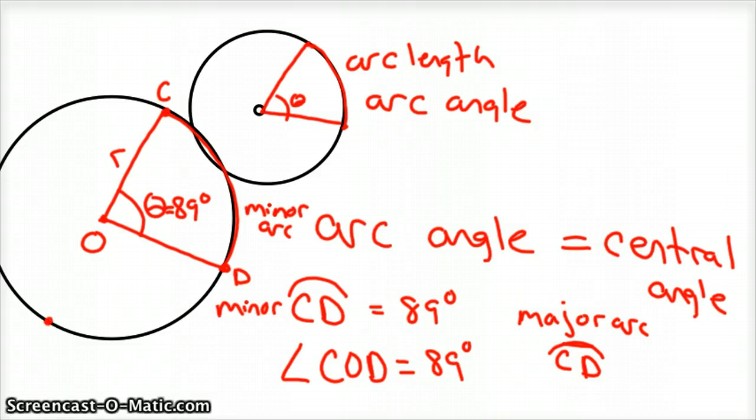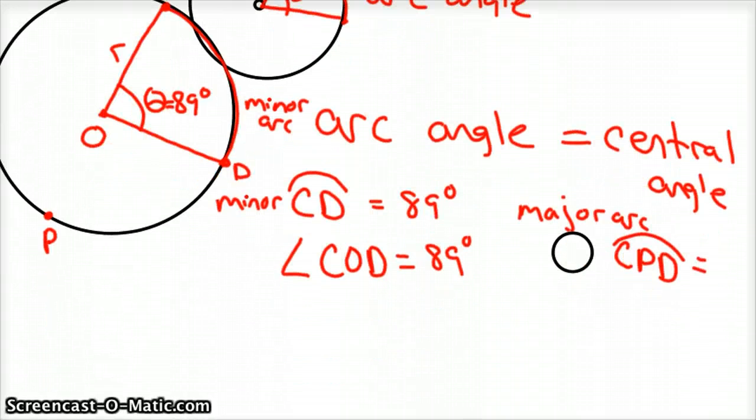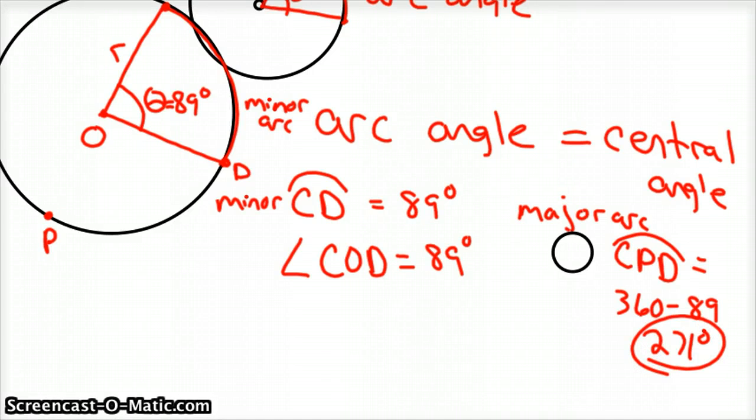So maybe we'll call this P. So the major arc would be CPD, with an arc over it. And CPD, since a circle is 360 degrees, would be 360 minus 89, which would be 271 degrees. So that would be the major arc angle.